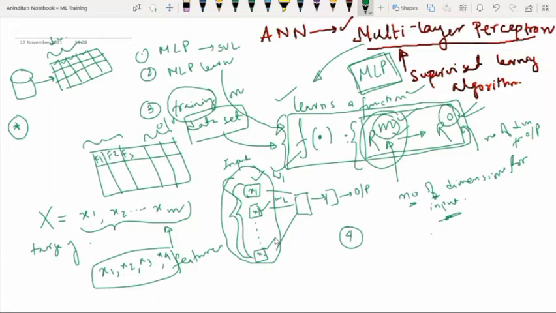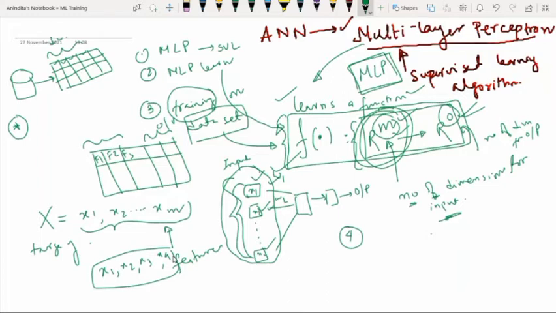Your answer will be, since neurons represent the features in the data set, whatever number of input features are available, that will be the number of neurons in the input layer. So if we have m-dimensional features, then we have m neurons, right? So this is the concept of input.